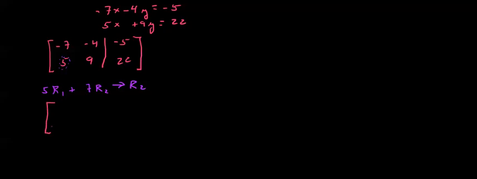So, times 5 is negative 35, times 7 is 35. Well, let me write this first. Negative 7, negative 4, negative 5. So we get negative 35, positive 35 added together is 0. Now we have to be careful. We have negative 4 times 5 plus 7 times 9, or negative 20 plus 63 is 43.